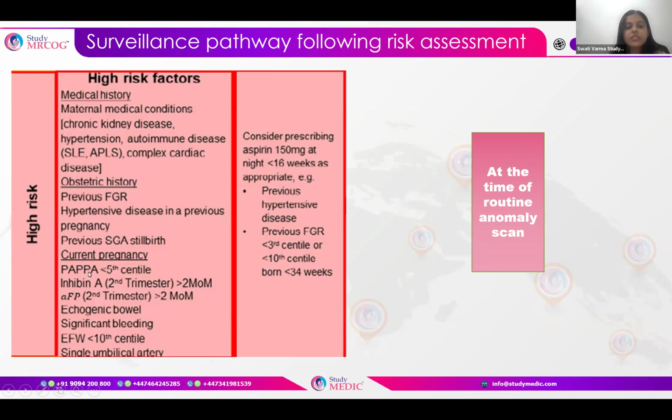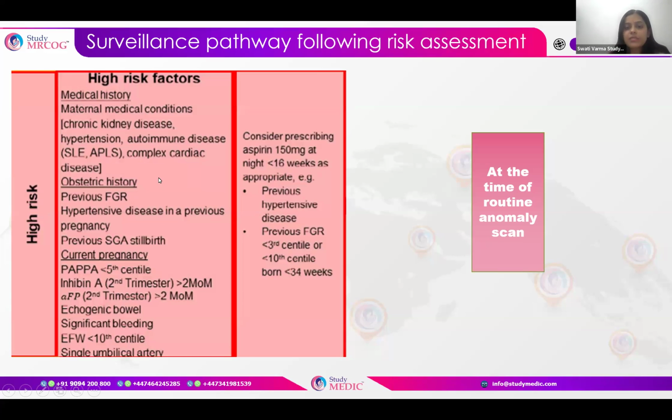Now, these parameters you have to remember: if PAPP-A is less than 5th centile, inhibin A or alpha fetoprotein is more than 2 MoM, echogenic bowel is there as an isolated finding even, then it becomes high risk. Significant bleeding, fetal weight less than 10th centile at any time, on mid-trimester anomaly scan especially, or single umbilical artery identified on mid-trimester anomaly scan.